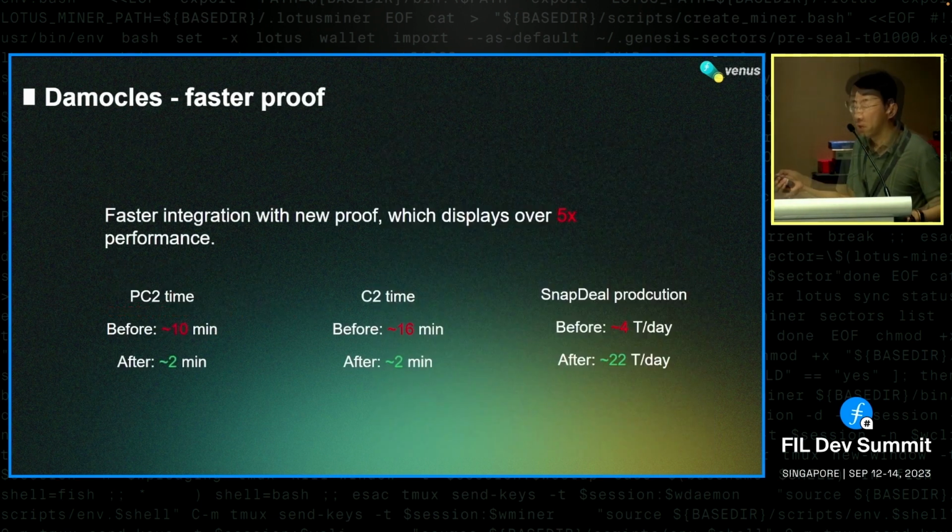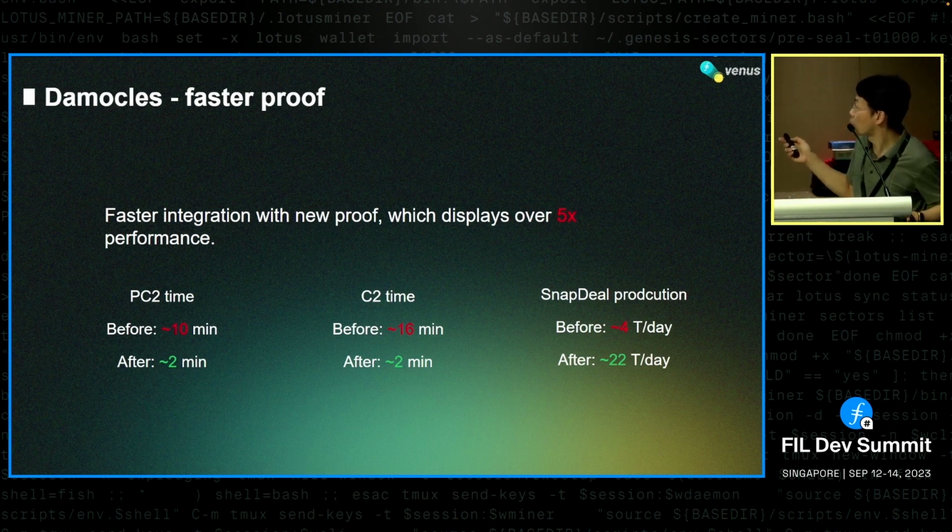And also, in the last few months, we have done a lot of things to optimize the proving algorithms. So here, I believe that this is the fastest, the most efficient one in the whole community. If you compare the new one to the old one of the VLAS Damocles, we improved a lot. For example, the PC2 time, before we needed about 10 minutes, now we only need 2 minutes to complete PC2.